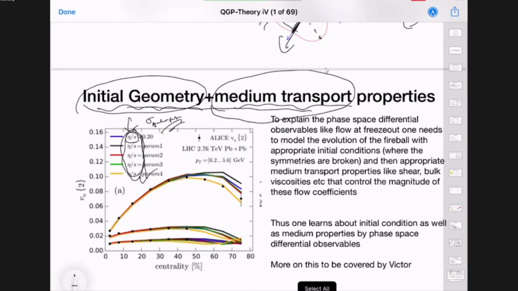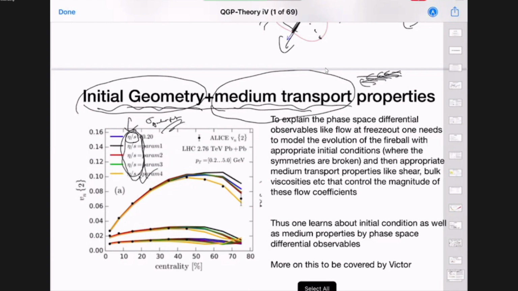If the medium, instead of being completely in equilibrium, has a small gradient, then it will evoke a response from the medium, some kind of transport of conserved charges.